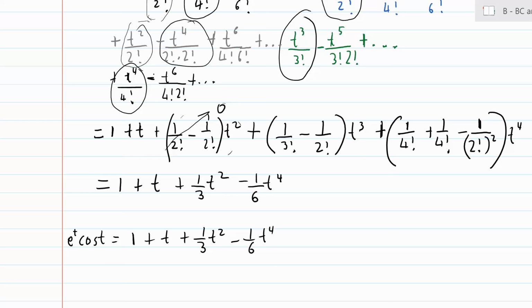I just realized that I dropped a negative sign here. 1 over 6 minus 1 over 2 is negative 1 over 3. So we have shown that the first four non-zero terms of exponential t cosine t is 1 plus t minus 1 over 3 t squared minus 1 over 6 t to the 4. And we know that this goes on, so plus dot dot dot.